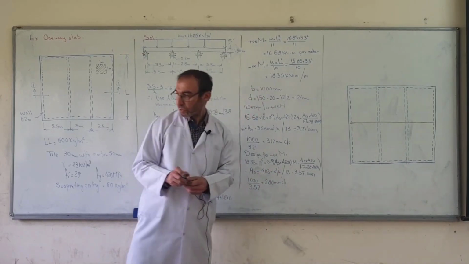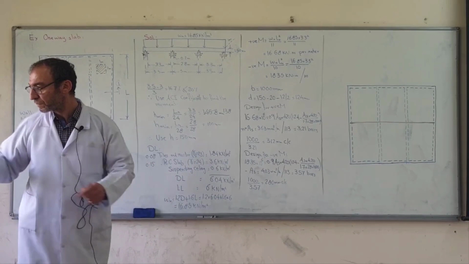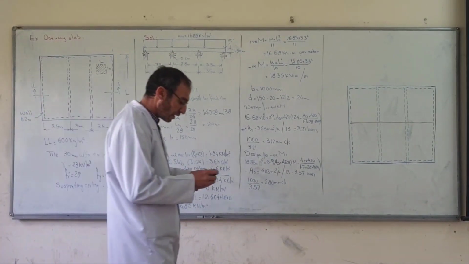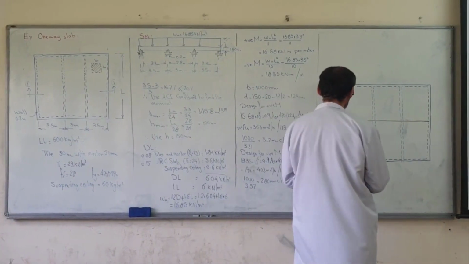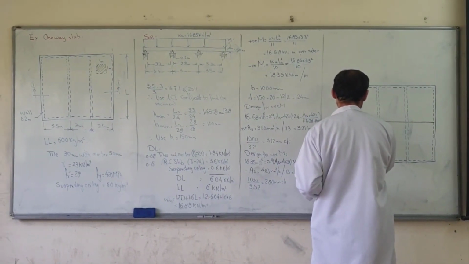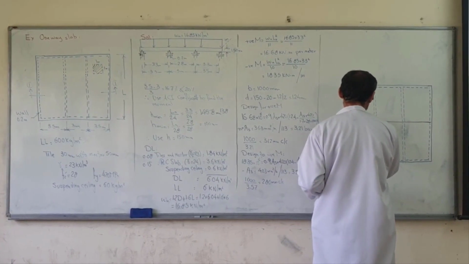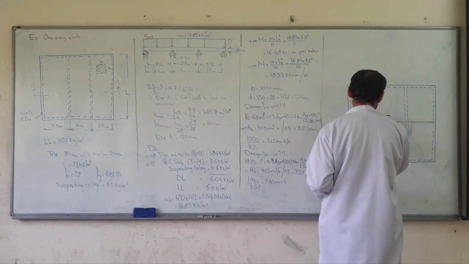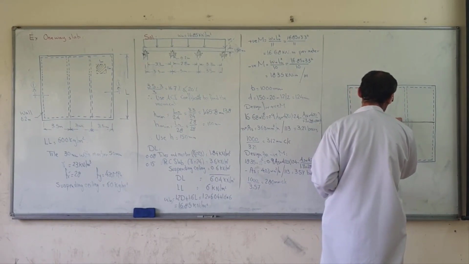At top, we draw the reinforcement in this way. Here we use a bent bar. The bent bar is drawn in this way.